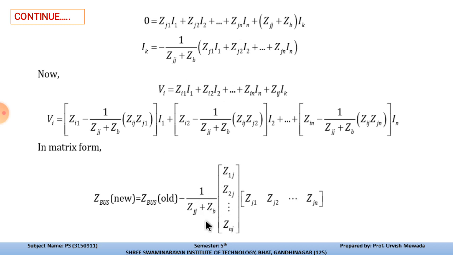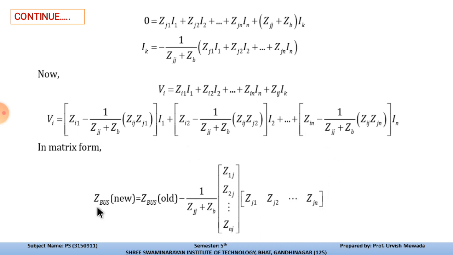That is 1 upon Zjj plus Zb, which is the common term in each series of this equation, multiplied with this term. So Zij means Z1j, Z2j up to Znj, which is the impedance of buses 1 to j, 2 to j and n to j, and then the impedances of the respective series Zi1, Zi2 up to Zjn.